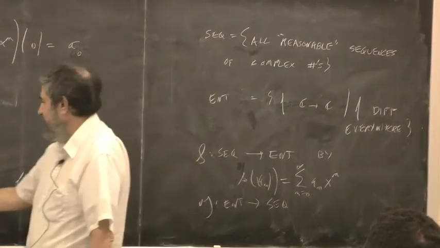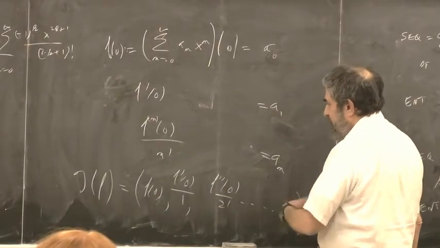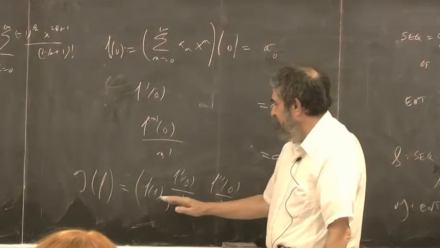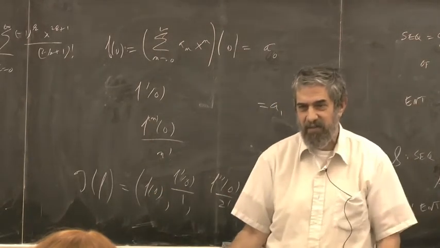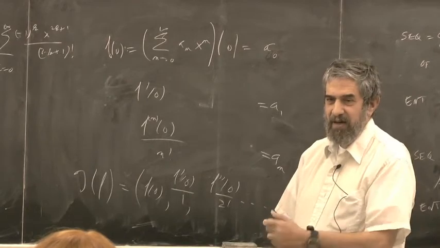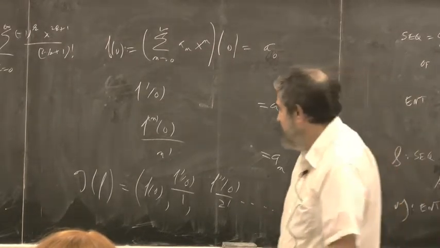So we replace the function with its sequence of coefficients. We know what we want the derivative to be, so we know what we want the sequence of coefficients to be. And so then we can solve recursively and find out what the coefficients are.